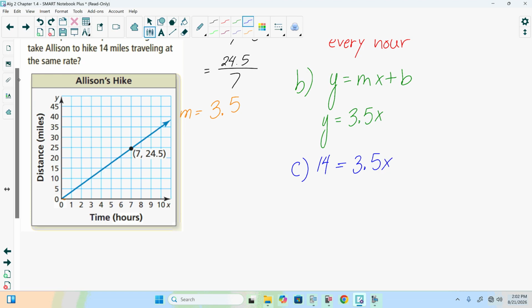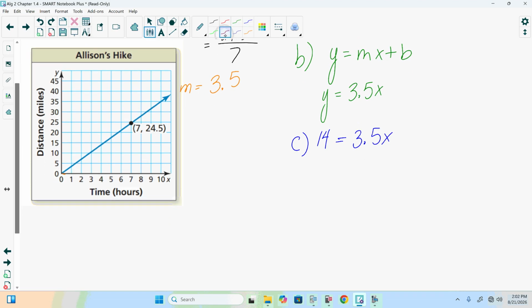So 14 is equal to 3.5x. What do we need to do? Divide both sides by 3.5. 3.5x divided by 3.5 will just be x. 14 divided by 3.5 is 4.